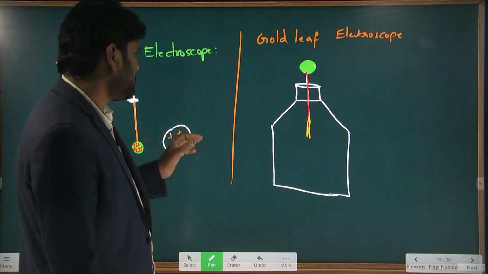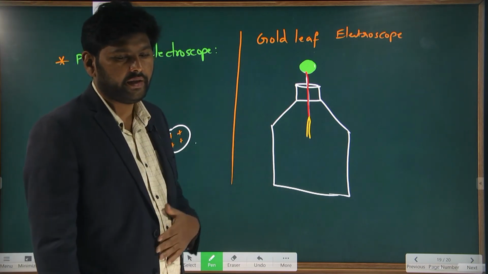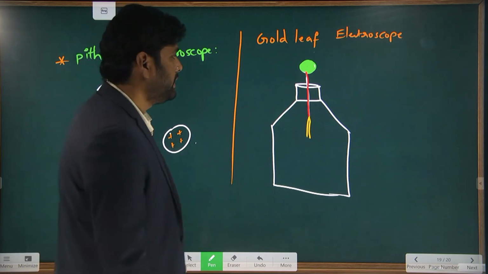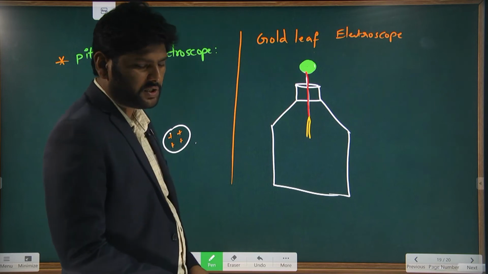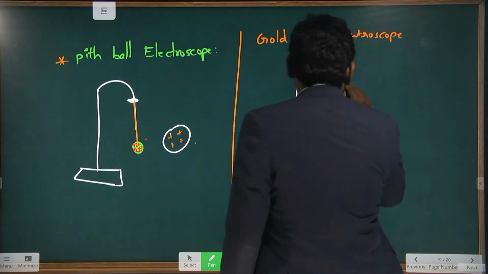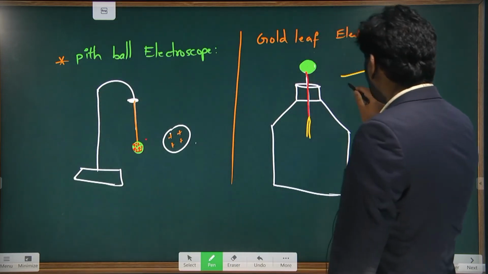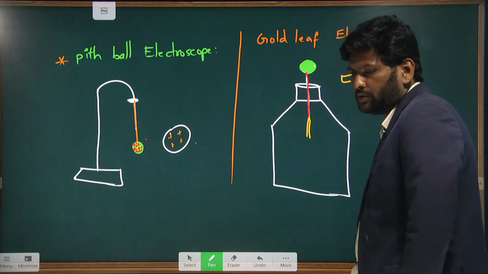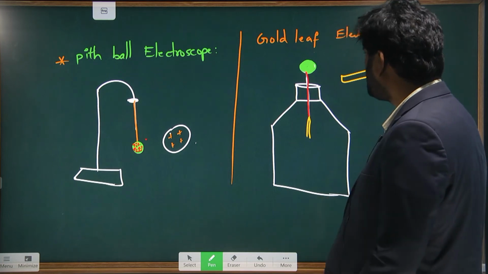After this, how can you identify a charged body? Easily we can identify a charged body. Let me take a rod here. If this rod is an uncharged body, no charge is there.